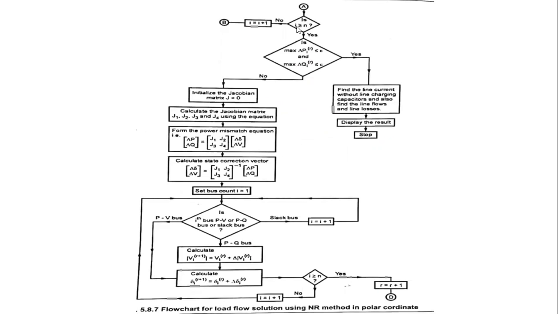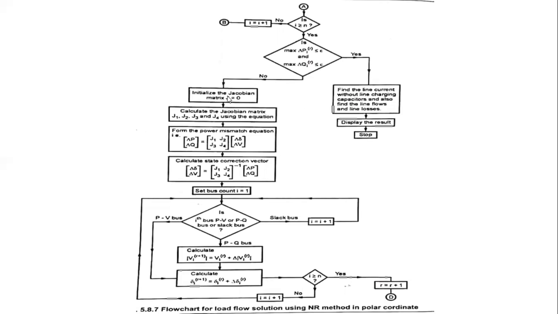Okay, if I is greater than or equal to N, it is yes, then find the max of delta Pi of R and the max of delta Qi of R. This condition is satisfied. Then find the line currents without the line charging capacitance, display the results and then stop.